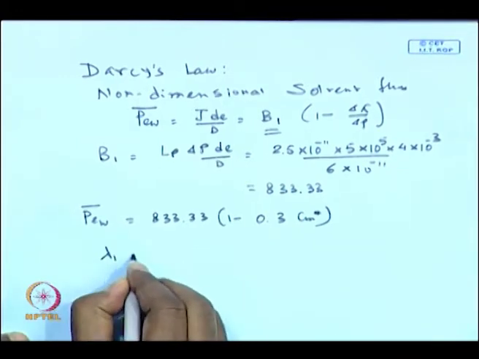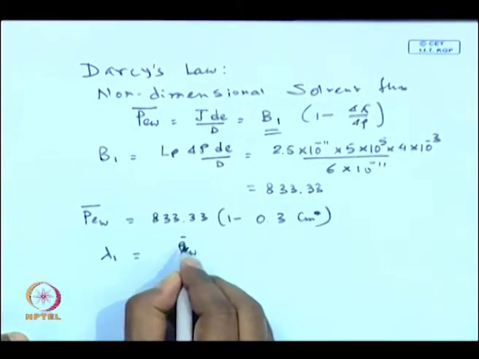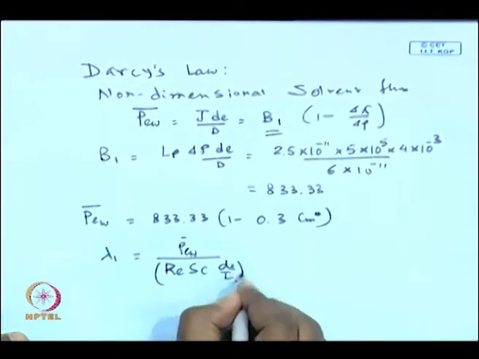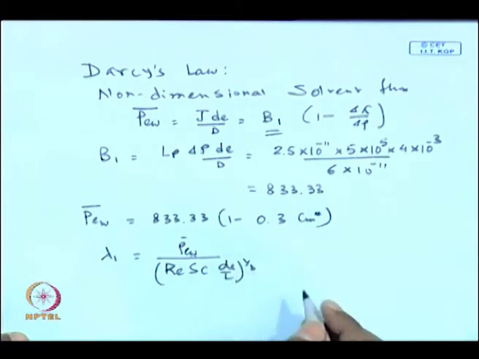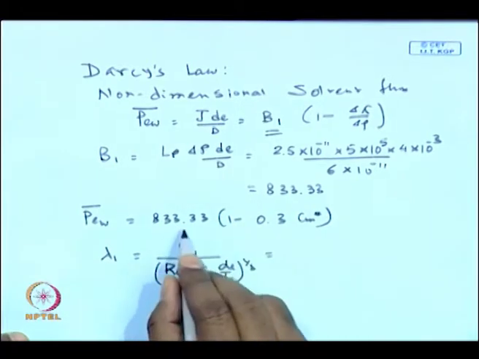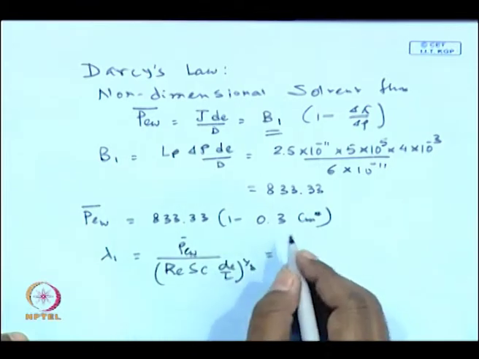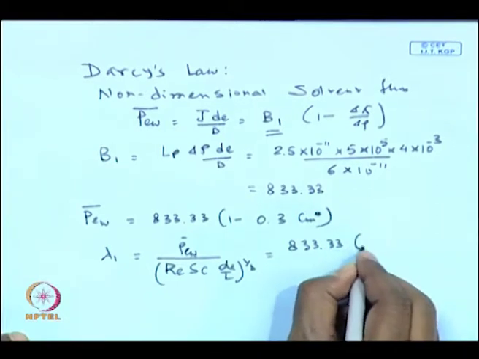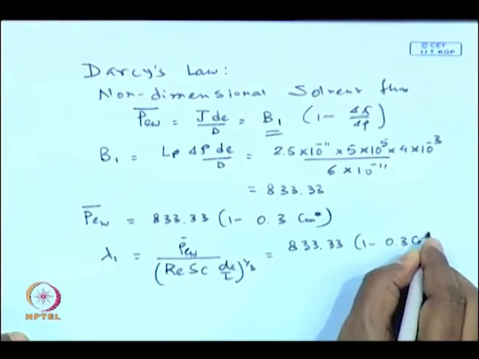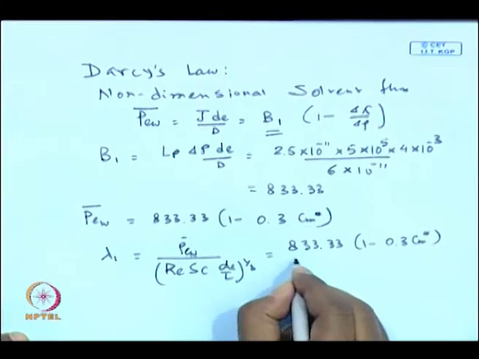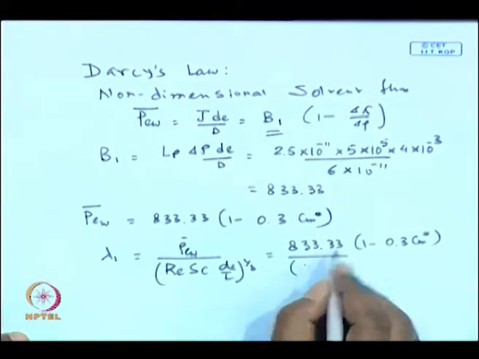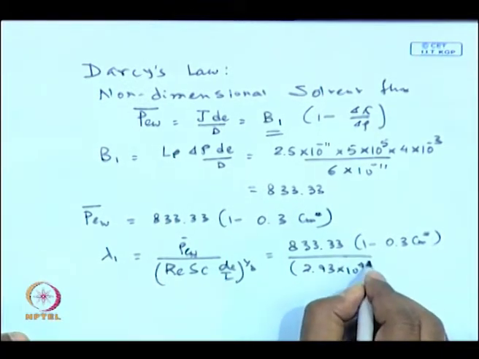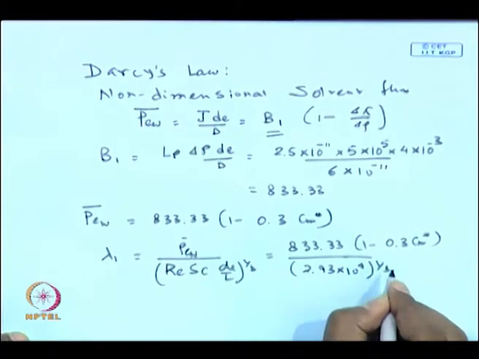The lambda 1 we have defined as PW divided by Reynolds Schmidt d by L raised to the power 1 upon 3, and if you put the expression of this PW here, then lambda 1 turns out to be 833.33 into 1 minus 0.3 cm star divided by this, which we have already obtained, 2.93 into 10 to the power 4, raised to the power 1 upon 3.